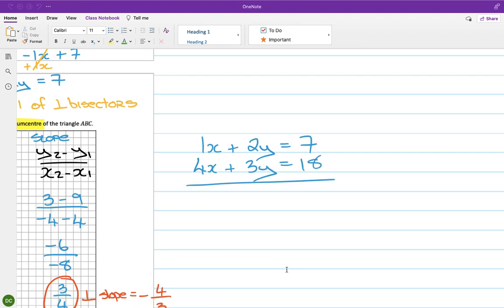Okay, so I'm going to multiply the top line by minus 4. So that gives me minus 4x minus 8y equals minus 28. And the bottom line is unchanged. So now the x's cancel.